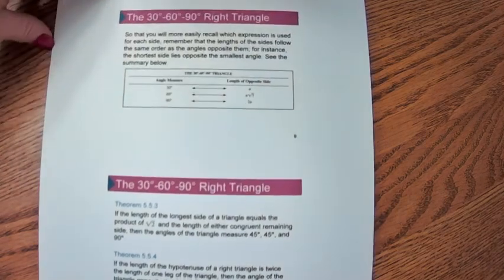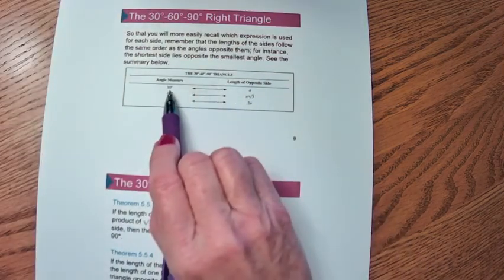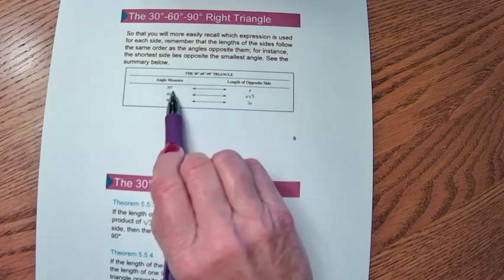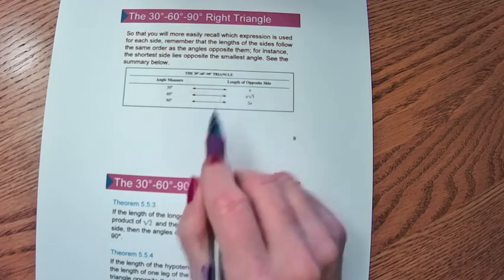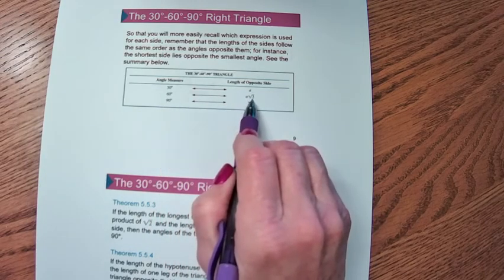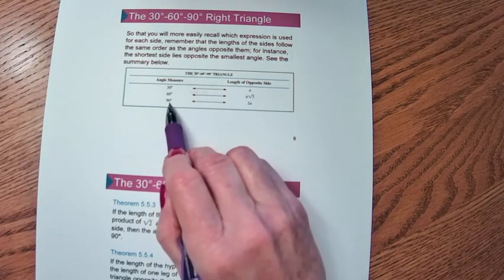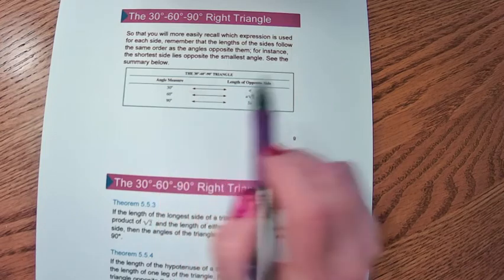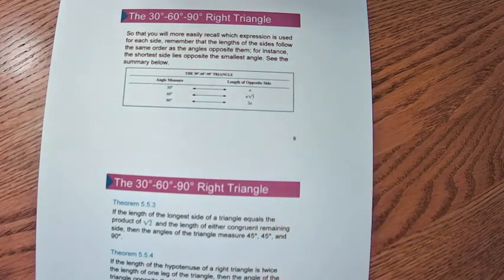And remember that the side opposite the 30-degree angle is a. The side opposite the 60-degree angle is a times the square root of 3. And the side opposite the right angle is 2a.